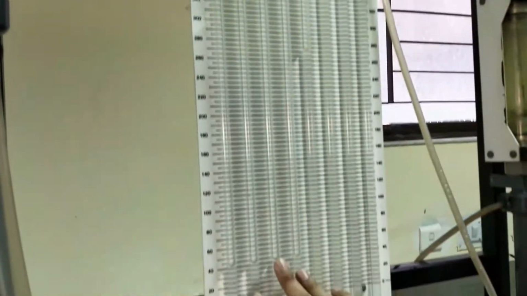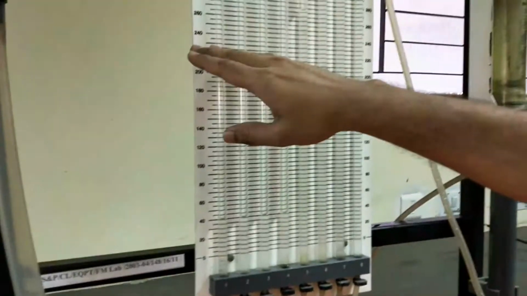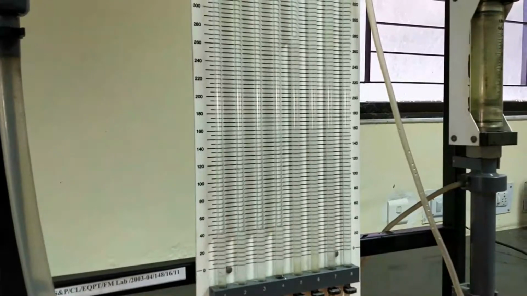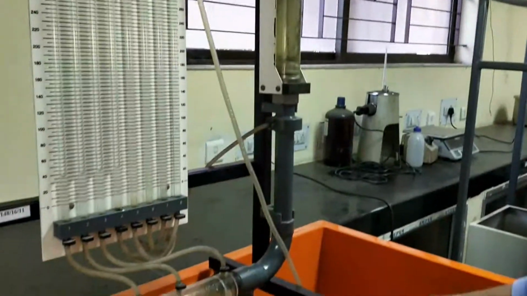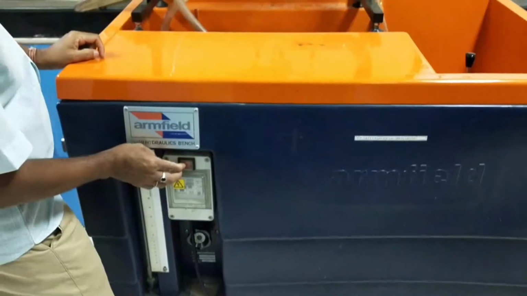We have to maintain the level because we need to take the reference point, otherwise we will not be able to know the energy loss or the pressure differences through each flow meter.